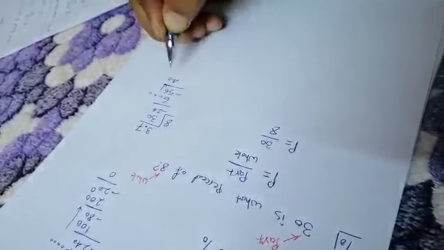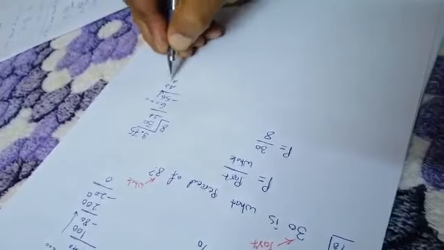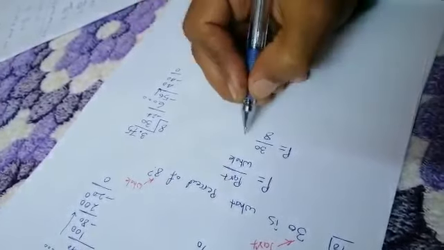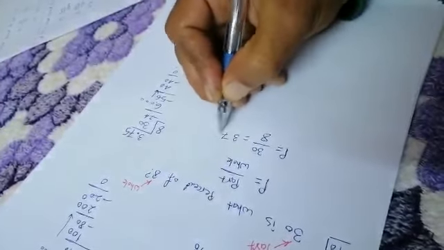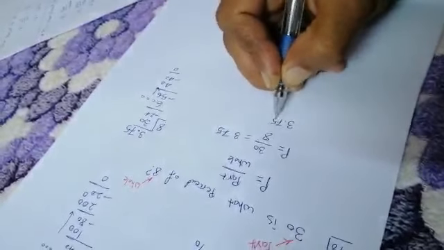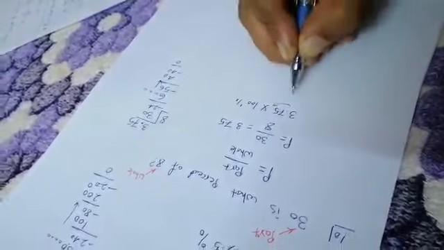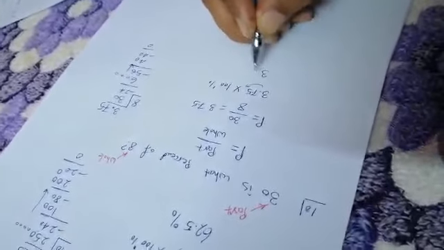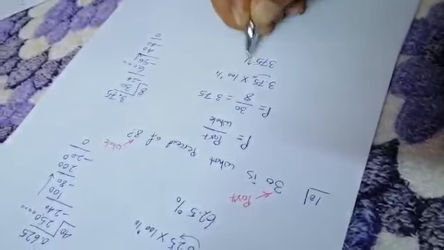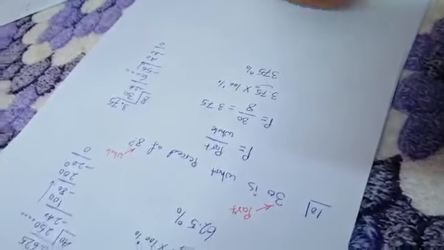We bring down 0. 40 divided by 8 is 5. 5 times 8 is 40. Subtract them, 0. Then it equals 3.75. To write it as a percent, 3.75 multiplied by 100%. We move 2 digits. Then it will be 375%. It's greater than 100%, it's okay, there is no problem.